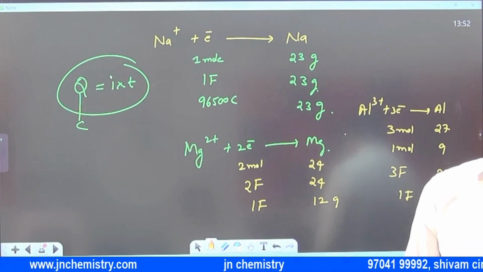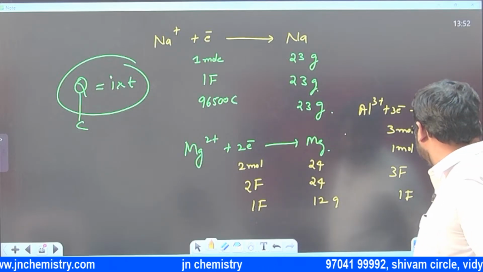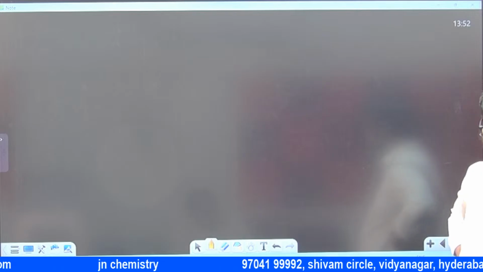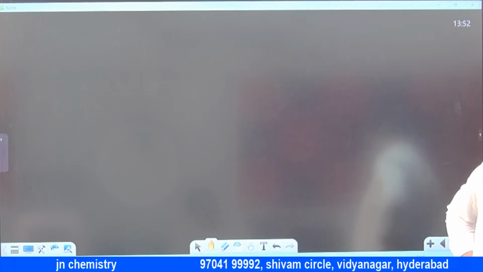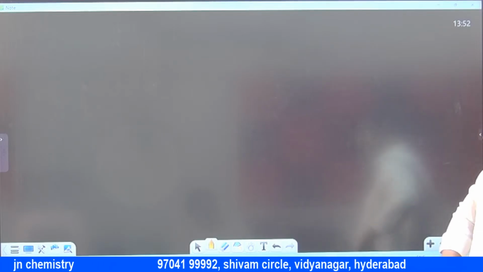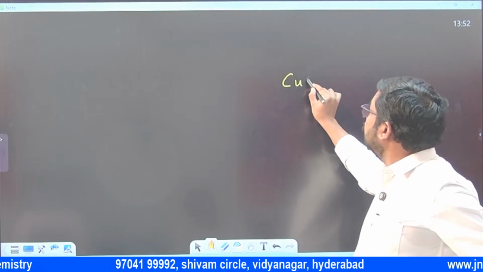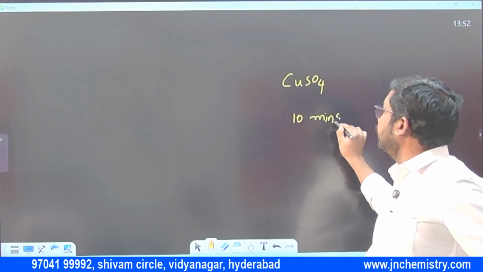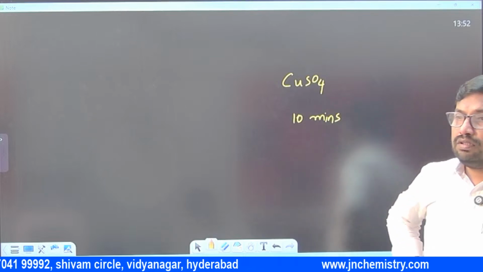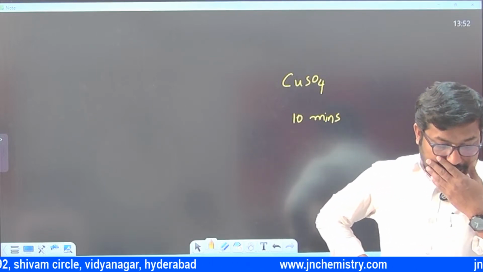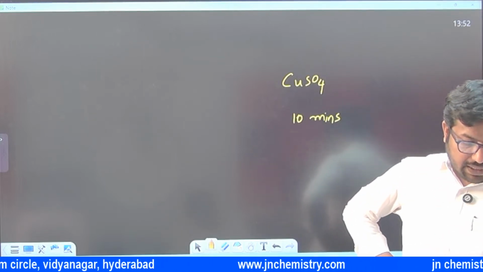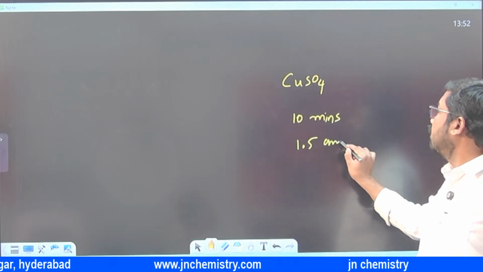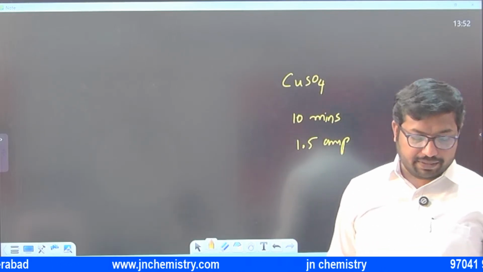A solution of copper sulfate is electrolyzed for 10 minutes with a current of 1.5 amperes.